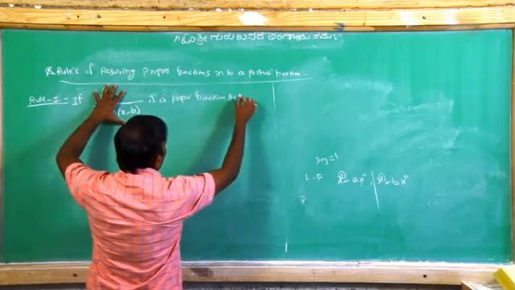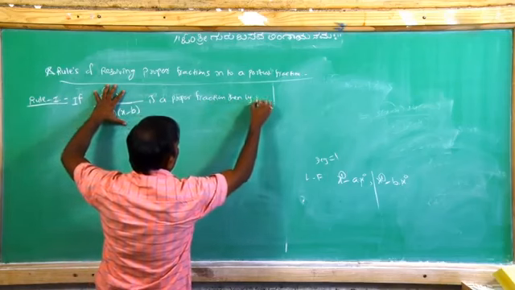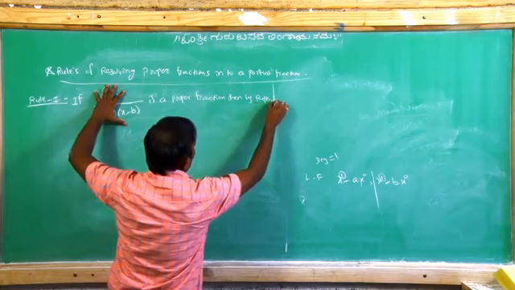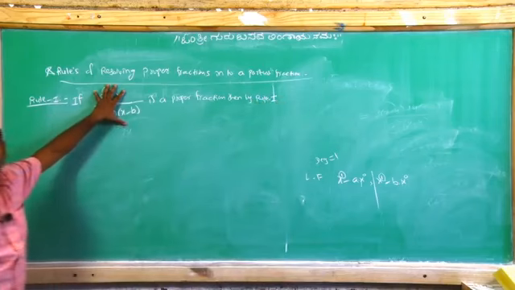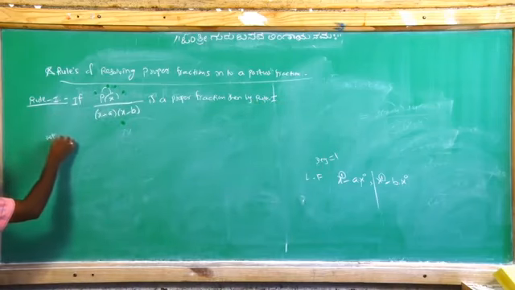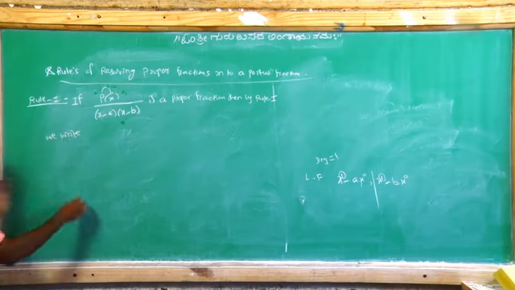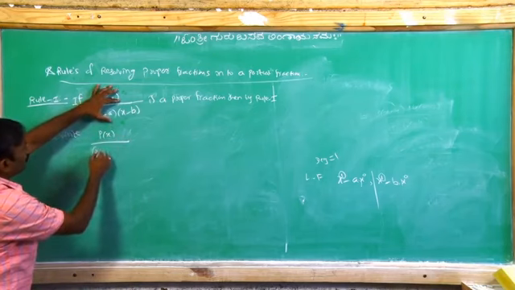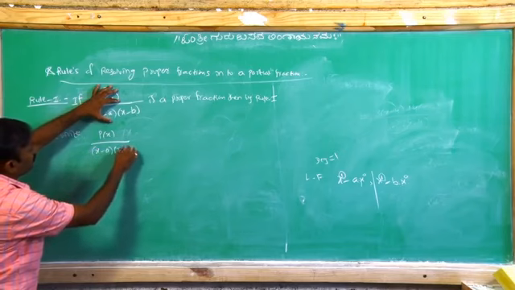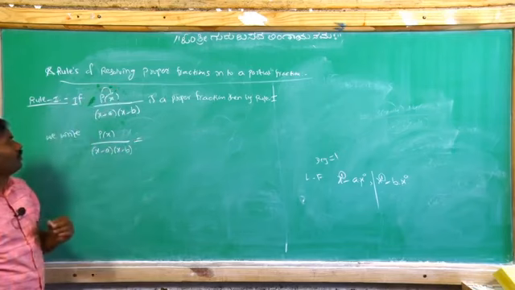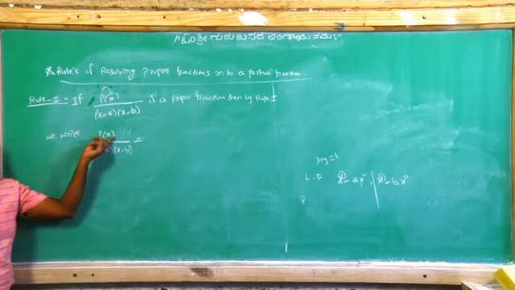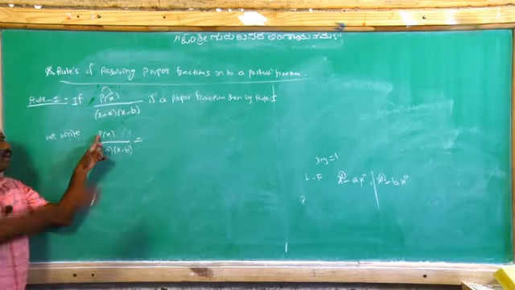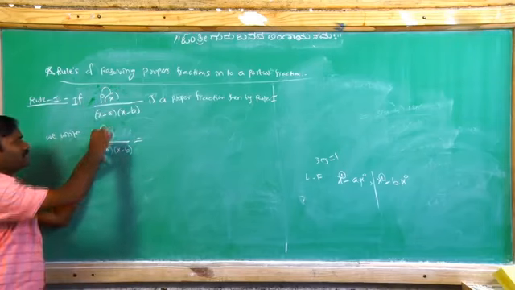then by rule 1 we write this p of x by (x minus a) into (x minus b) equal to. So what is p of x? P of x means any polynomial in x.